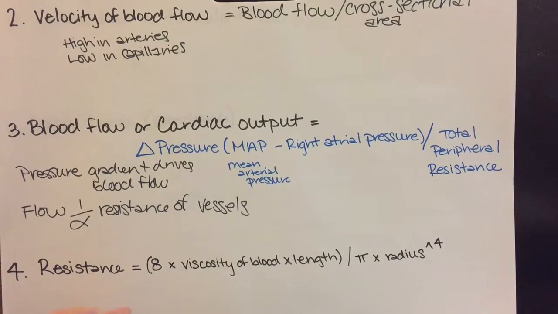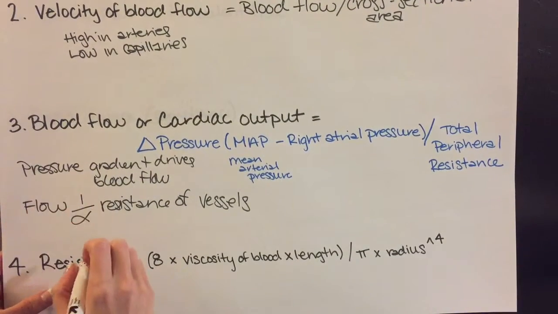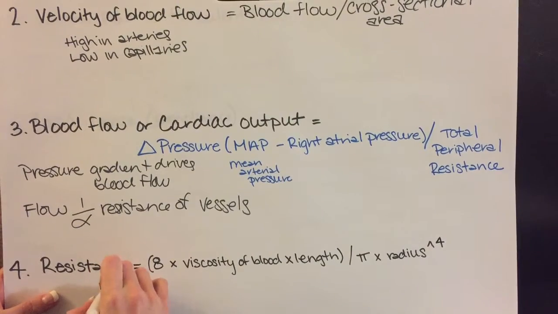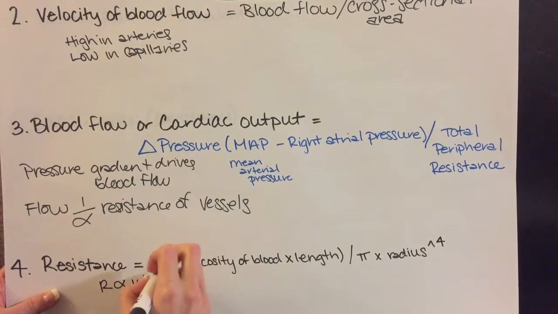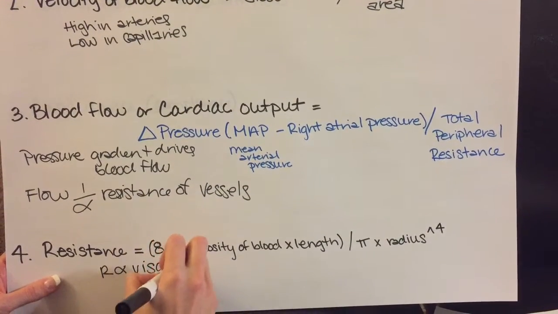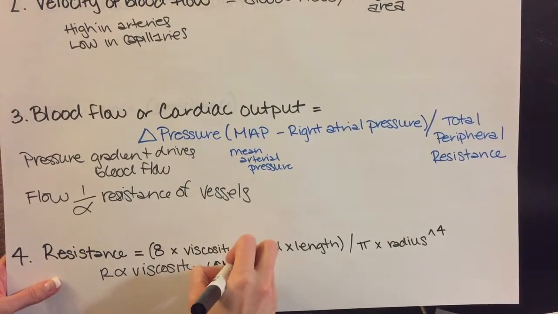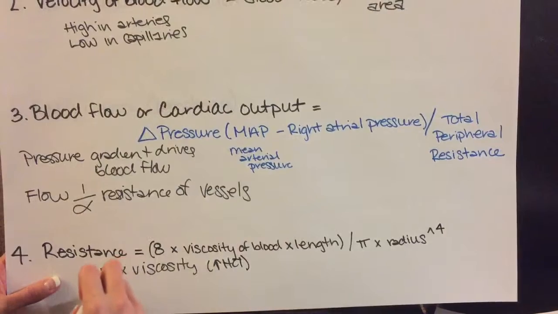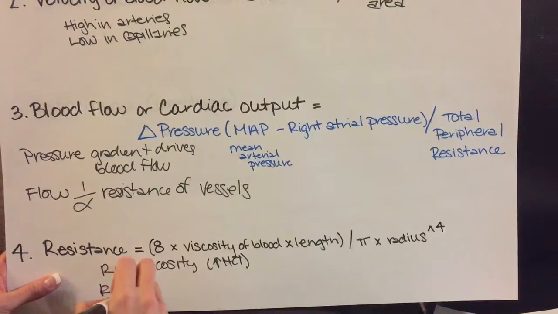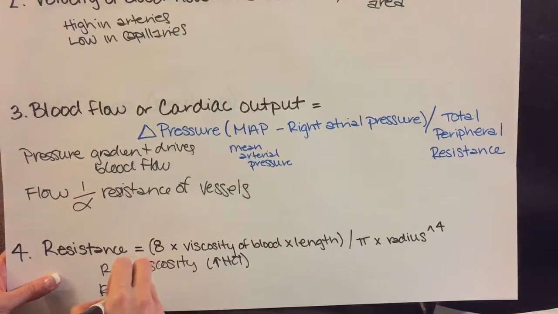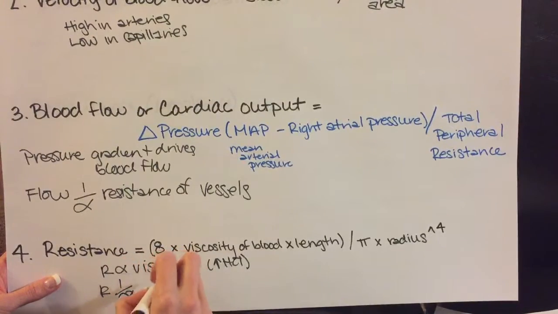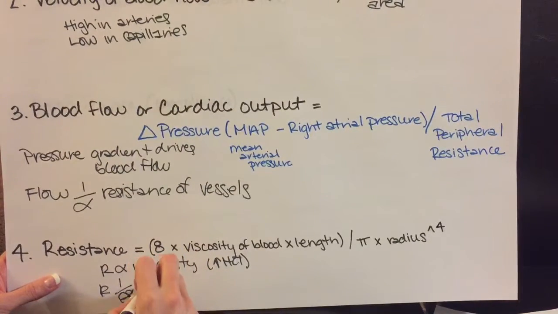So in definition, resistance is directly proportional to viscosity, which can come into play when you have an increased hematocrit, and resistance is inversely proportional to the 4th power of the vessel radius.